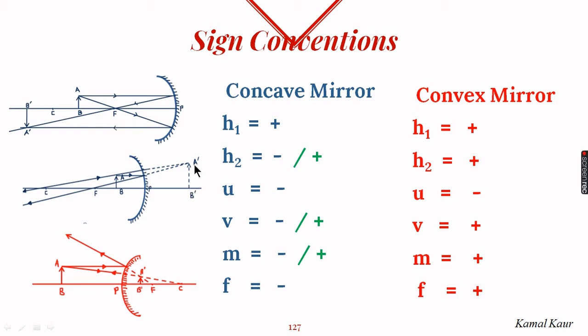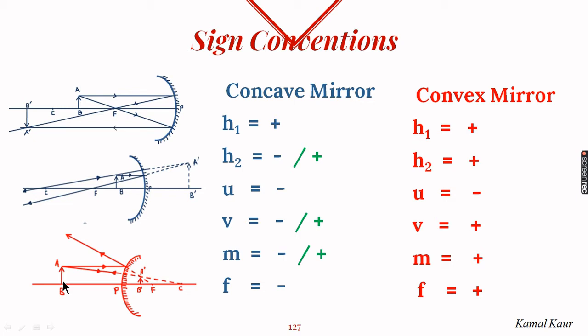Magnification is positive again, since it is an erect image. And focal length is still towards the left, so it is negative. So we see that for a concave mirror, the signs of h2, v and m can be negative also, they can be positive also. Now we will see the convex mirror.